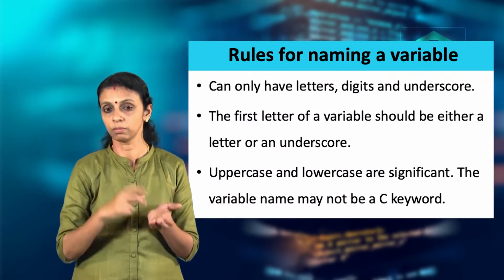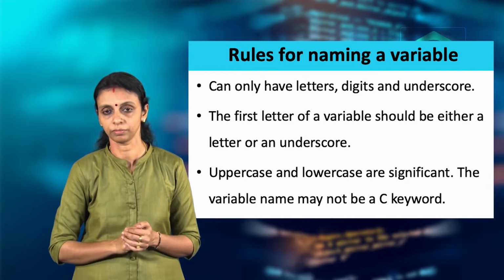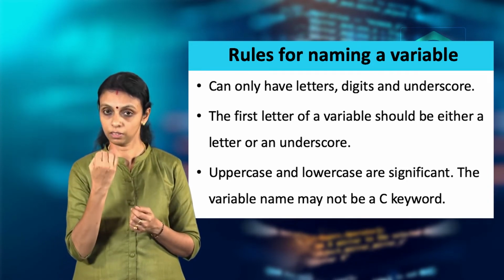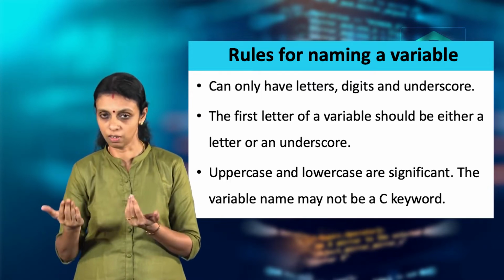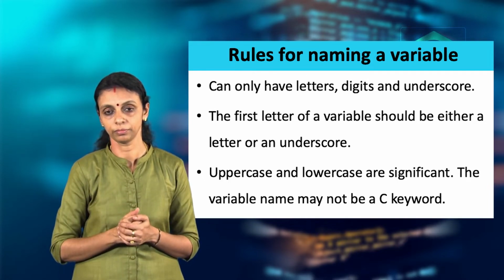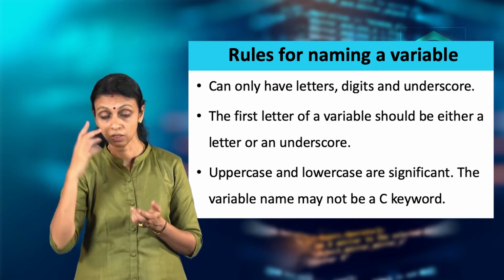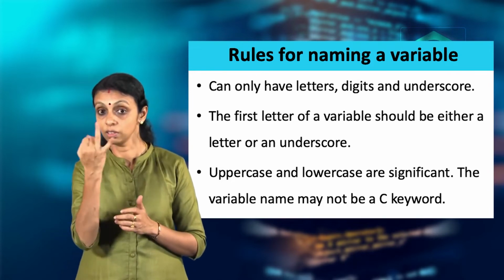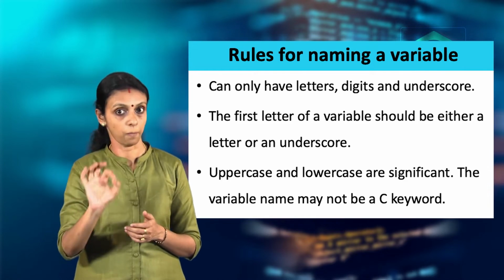Rules for naming a variable. There are some rules to name a variable. A variable name can only have letters, both uppercase and lowercase, digits and underscore. The first letter of a variable should be either a letter or an underscore. Uppercase and lowercase are significant.